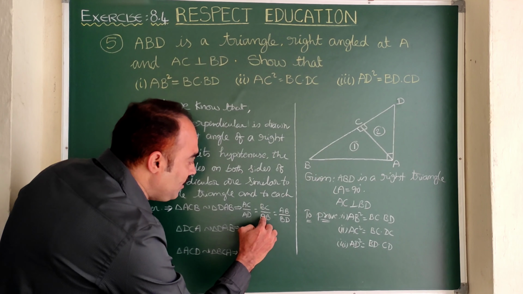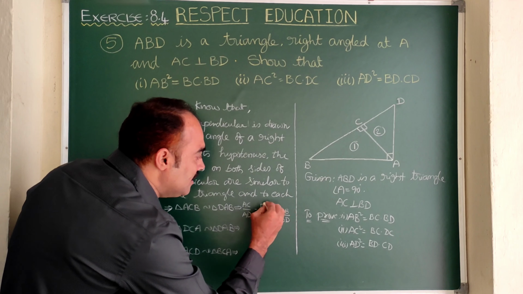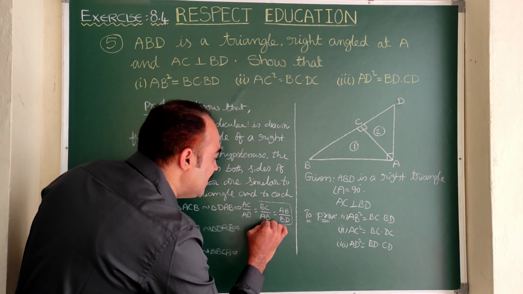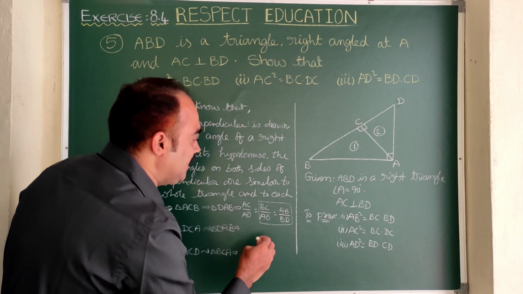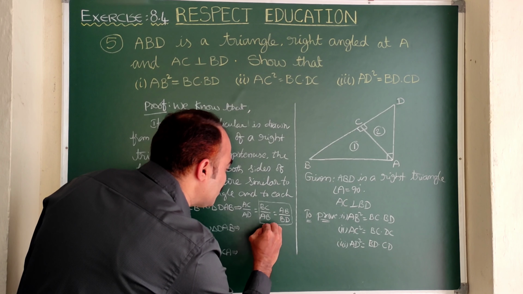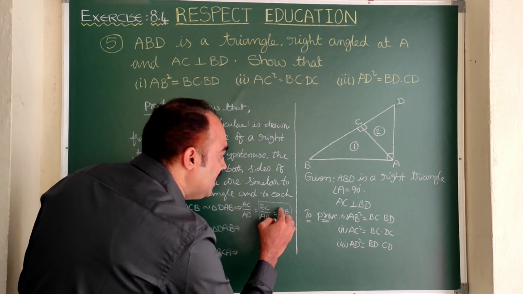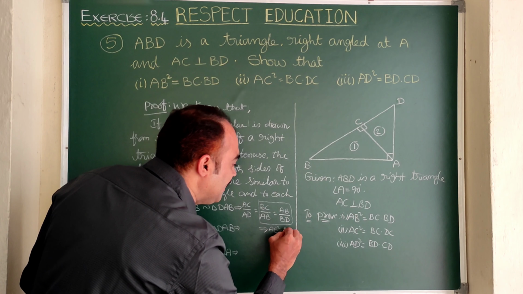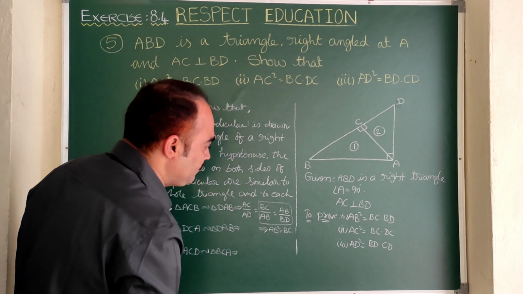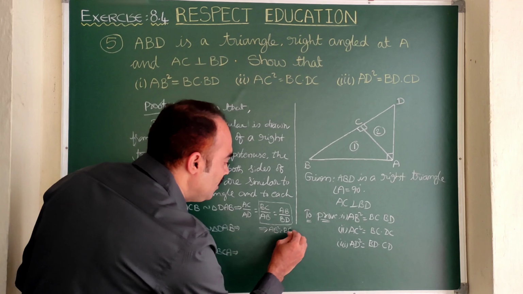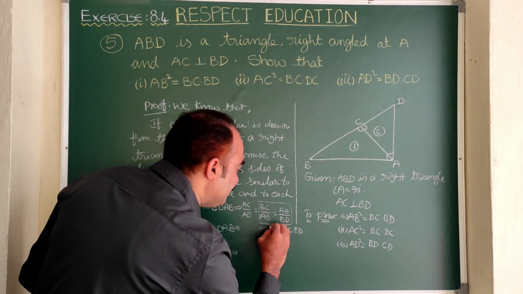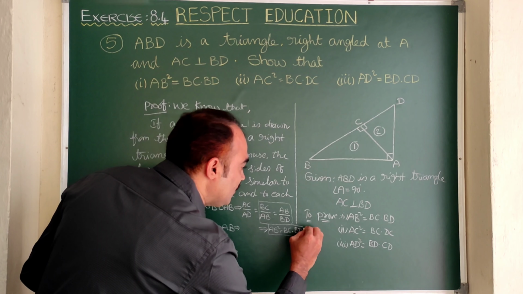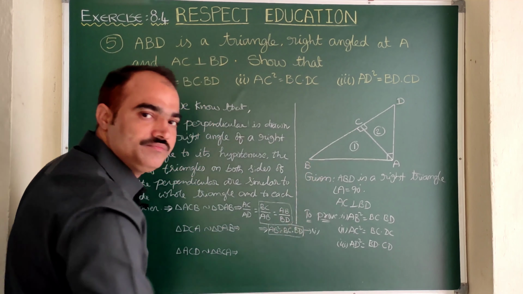Here we got the pairs with AB. So from this, on cross multiplication we get AB square is equal to BC into BD. So this is what first one is proved.